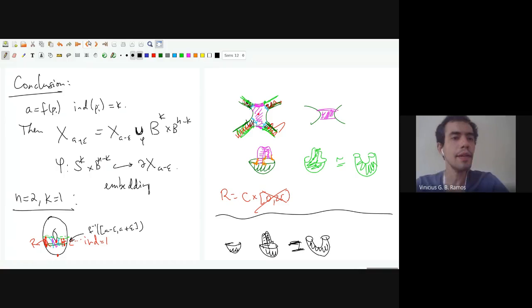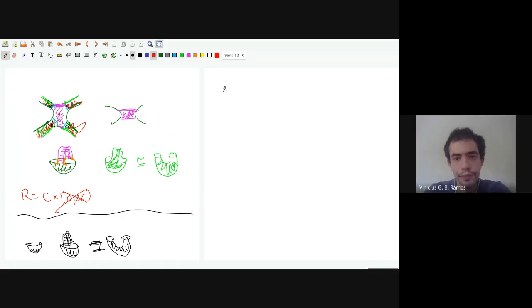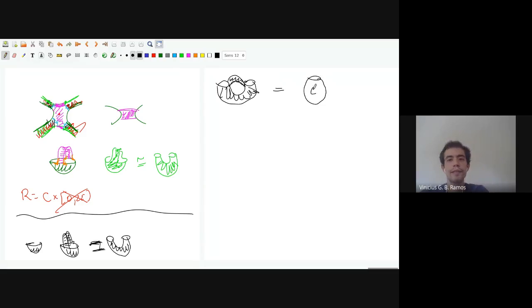And then now, when you go through the next critical value, you attach another one handle. So you attach another thing like this. And this, again, you know, smoothen the corners. And that's the same as this figure.